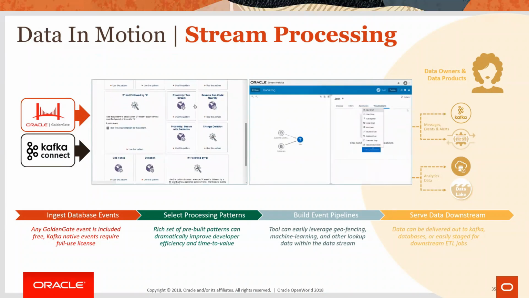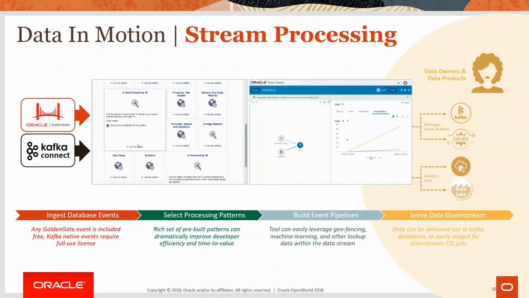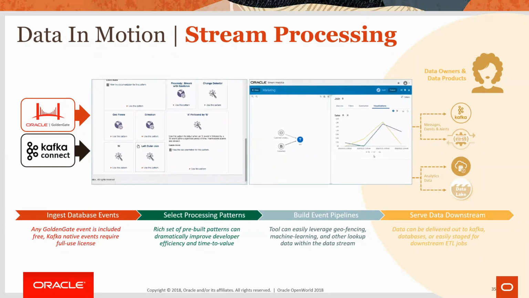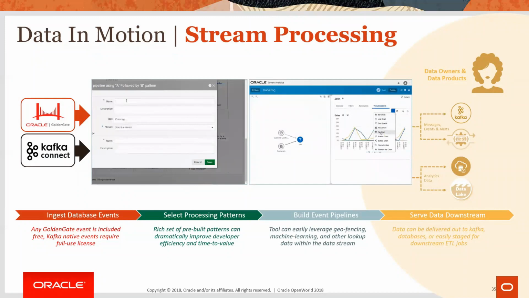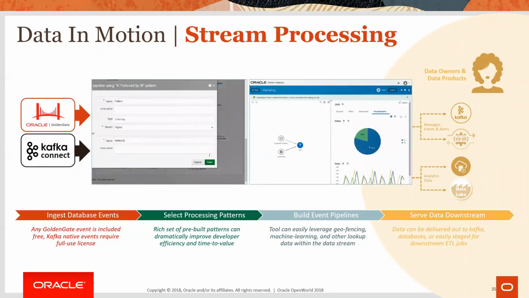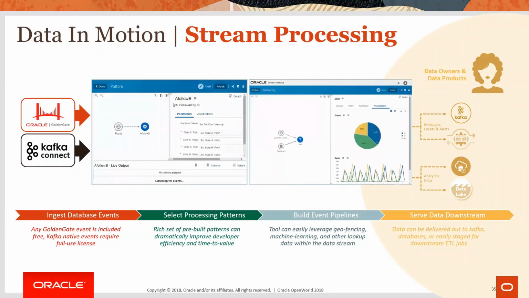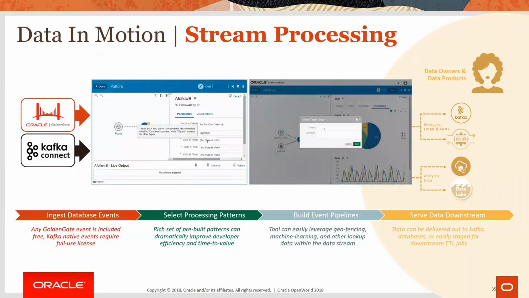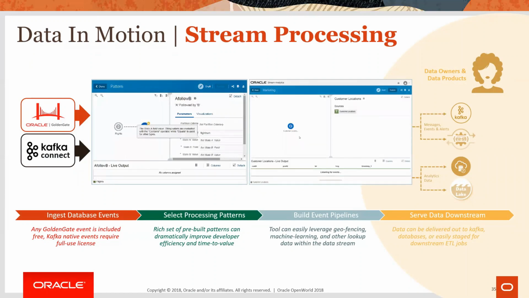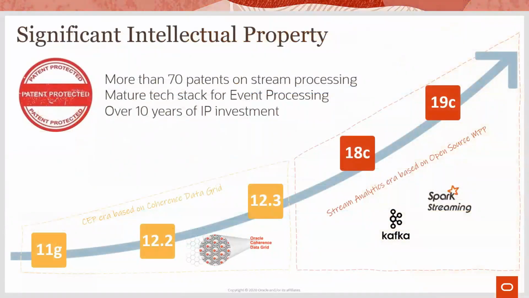You can produce OLAP cubes for doing time series snapshots and cube analytics. You can build dashboards directly in this tool for looking at inbuilt time series across sliding time windows. And you can also output the data directly to data warehouses and to data lakes for more static analysis downstream as well.